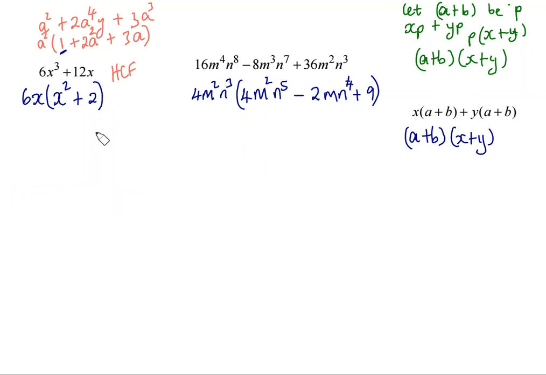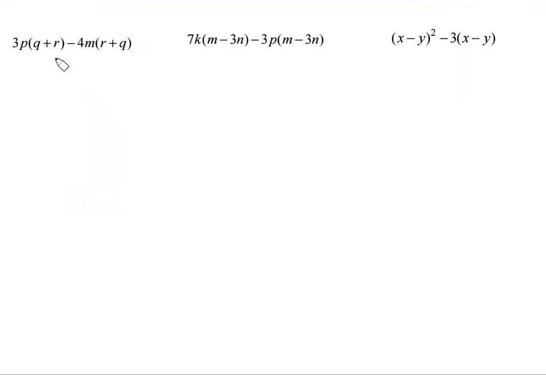Let's continue. Then we have something like this now. Can you see what we are having here? It's a different case now. We are having q plus r, then we have got r plus q. It might seem simple to some, but some will actually consider this as different.